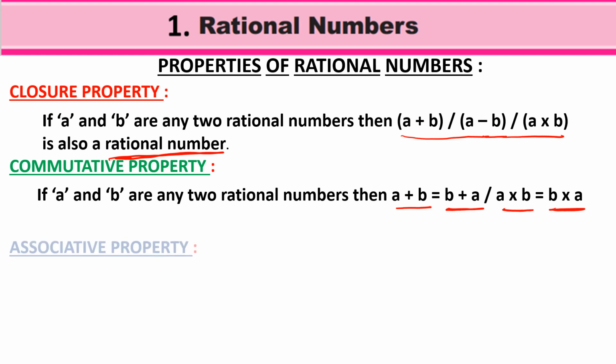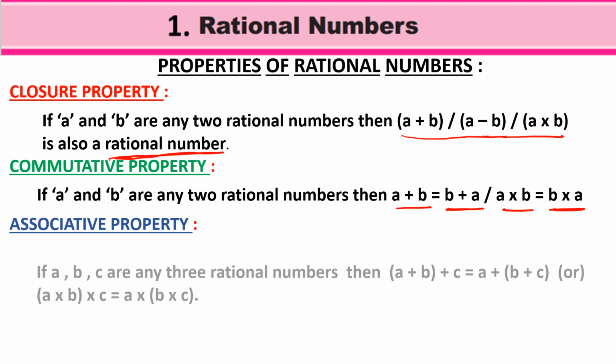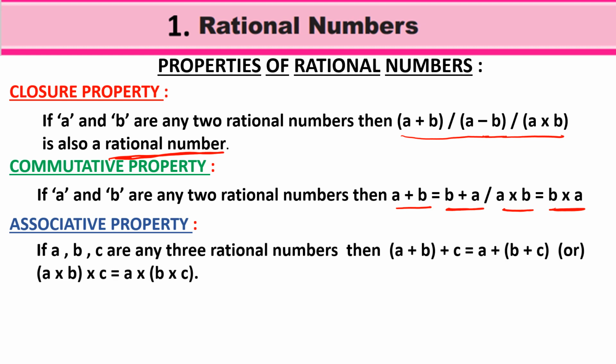Understand? Right. Next property is associative property. Let us see here. If a, b, c are any three rational numbers, then a plus b plus c equals a plus b plus c, or a into b into c equals a into b into c. So this is very important.